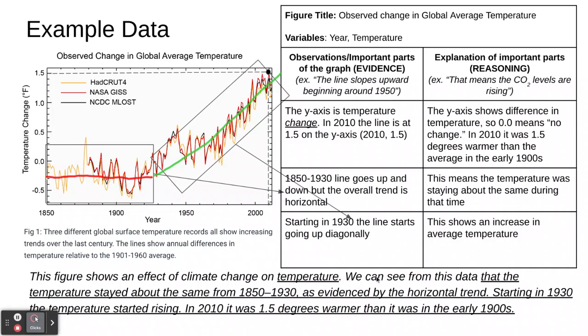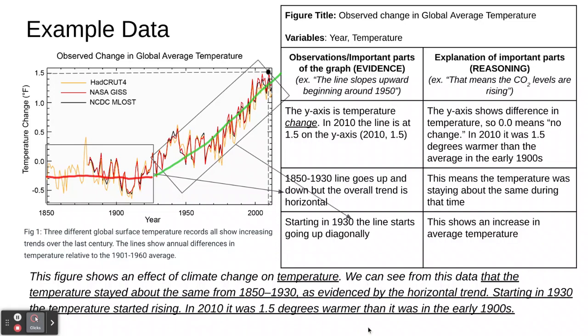That's the effect. We can see from this data that the temperature stayed about the same from 1850 to 1930, as evidenced by the horizontal trend. Starting in 1930, the temperature started rising. In 2010, it was 1.5 degrees warmer than it was in the early 1900s.